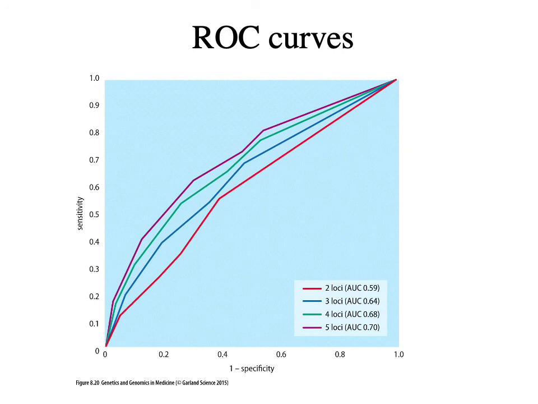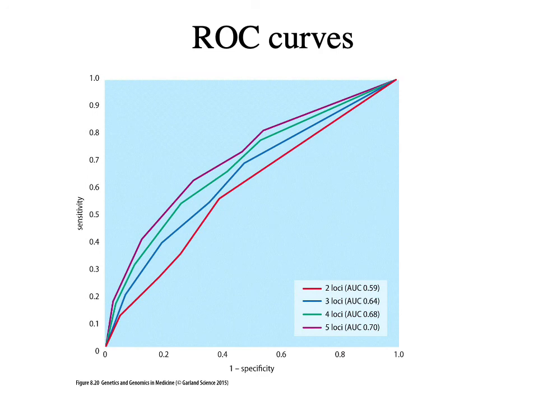Testing for multiple susceptibility factors can lead to an increase in the area under the curve, and the greater the area under the curve value, the more discriminating the test. So a ROC curve plots sensitivity against specificity. And here you can see the ROC curves for the different numbers of loci that are associated with the disease.